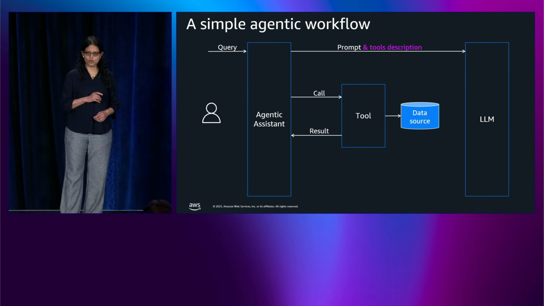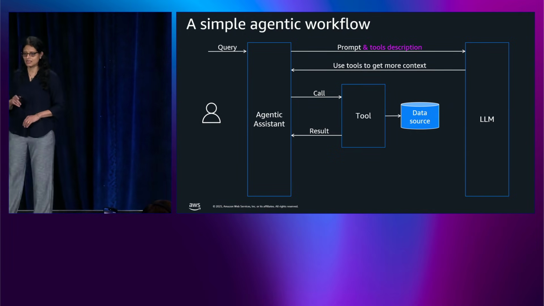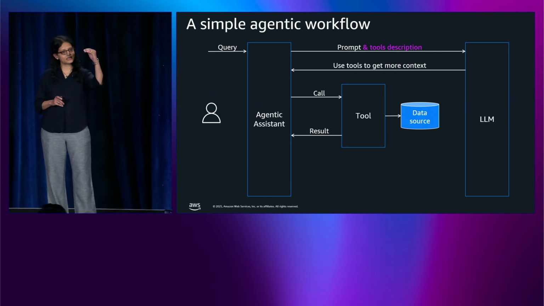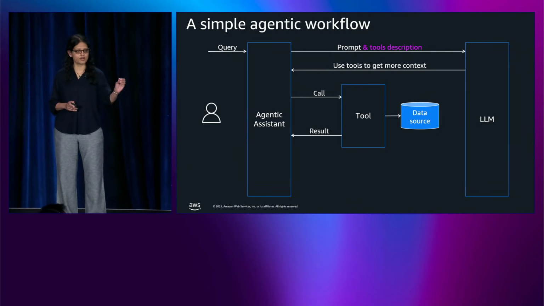So along with this question, the tool descriptions are sent to the large language model. The large language model, as it has parsed out your complex question into multiple steps, it decides whether it wants a specific tool or to do a function call.